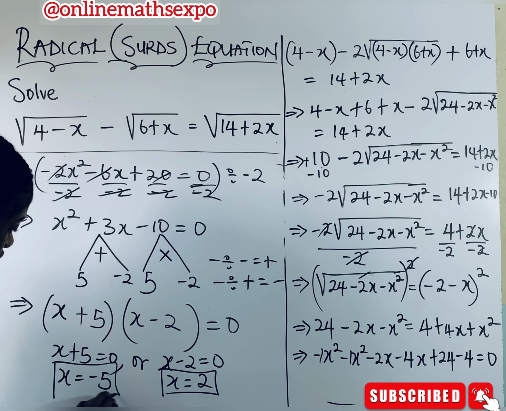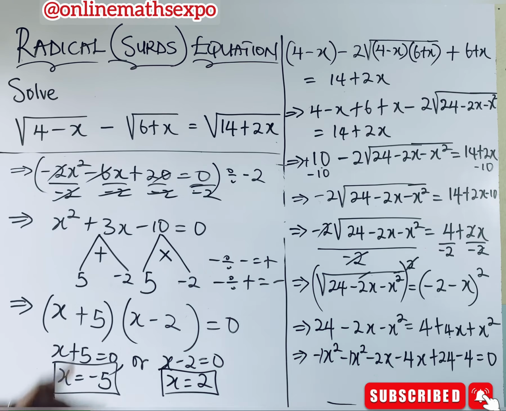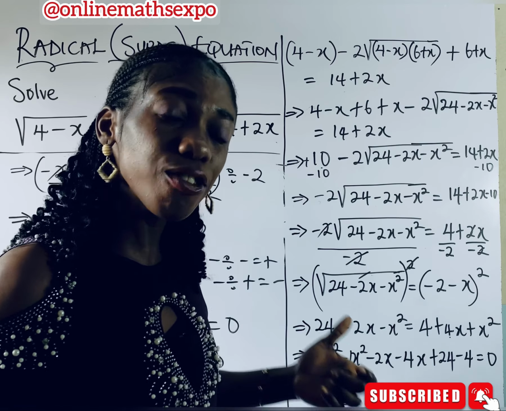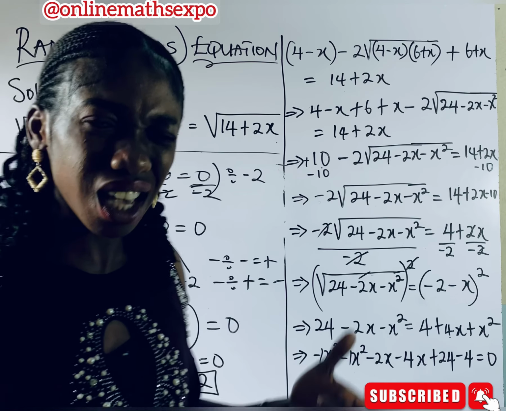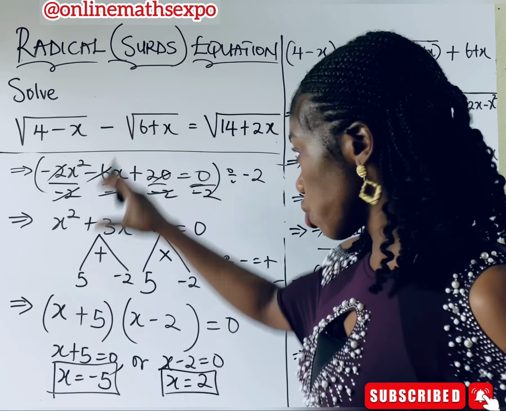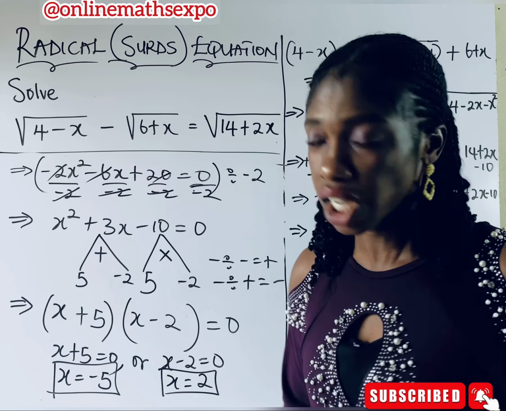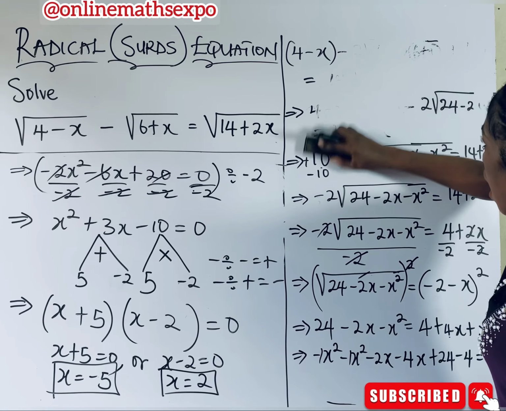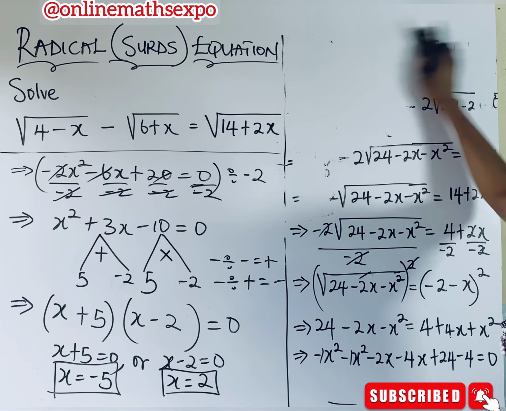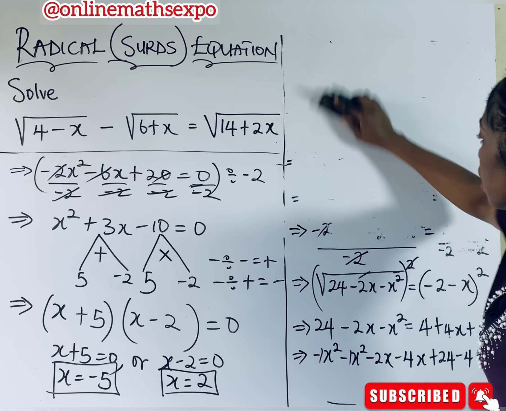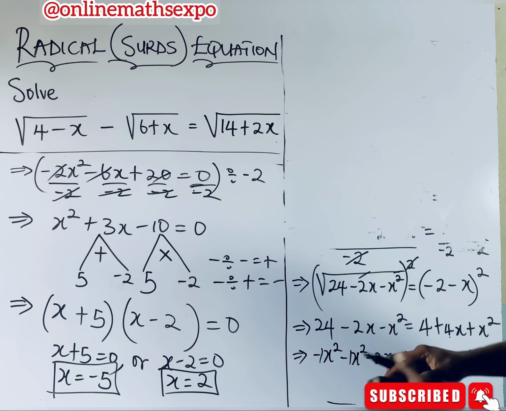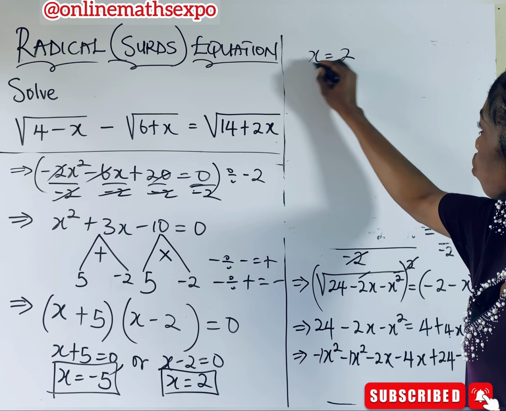Now, since we've gotten the values of x, this is a radical equation. So you have to know which of these values of x really satisfies what you have here. So let's do a check. In this check, we're going to put in x is 2 into this.